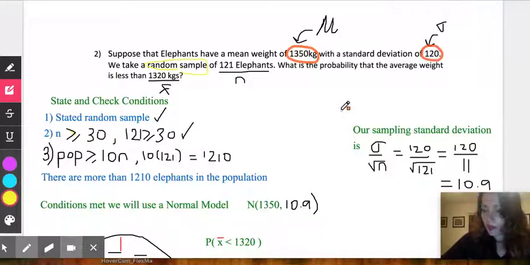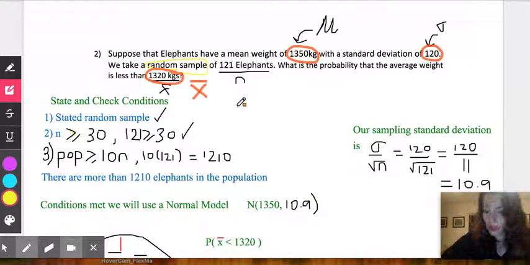That is our population. Now, if we take a random sample of size n, 121 elephants, what is the probability that that average weight is less than 1320? It's important to point out that 1320 right here is our sample weight.